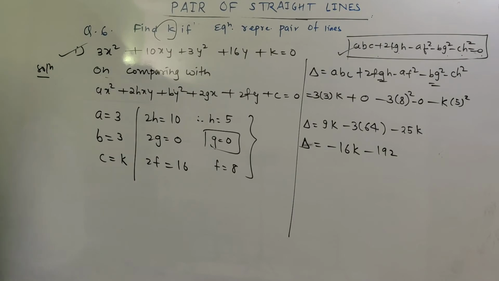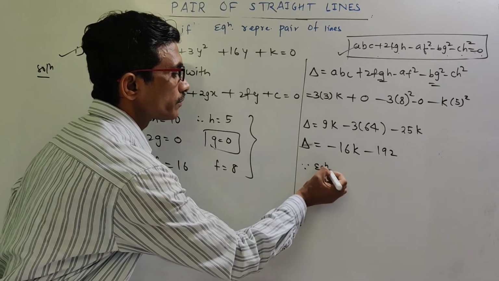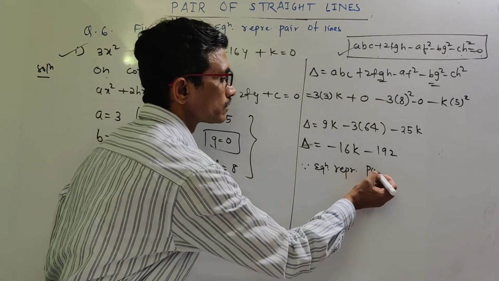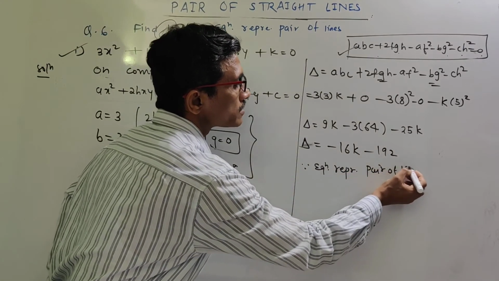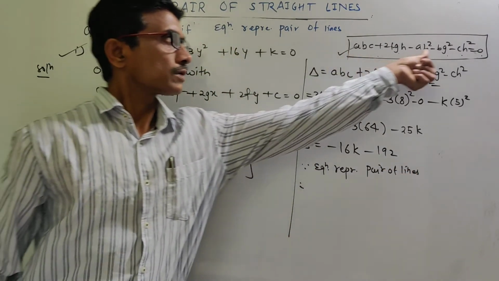What is given? The equation represents a pair of lines. Since the equation represents a pair of lines, therefore this is equal to 0.